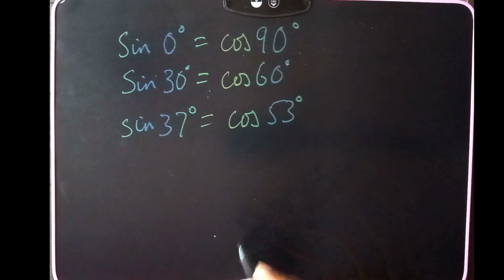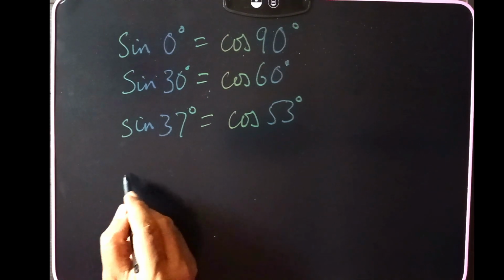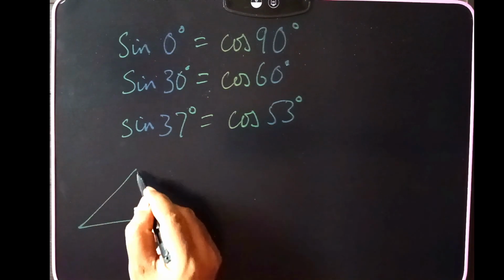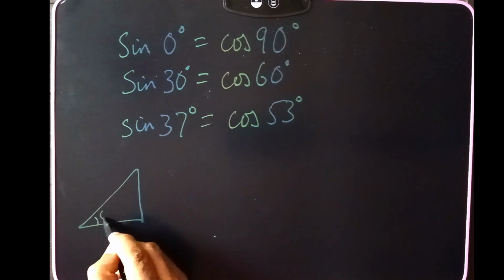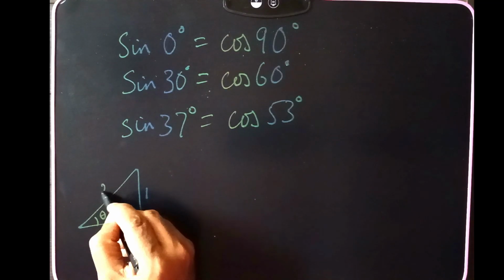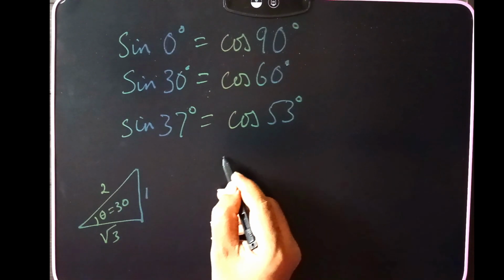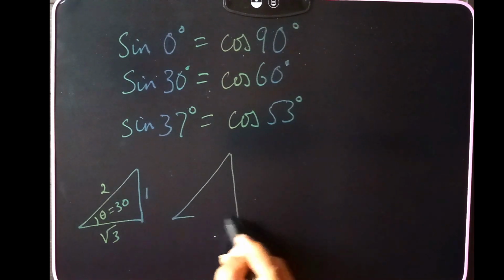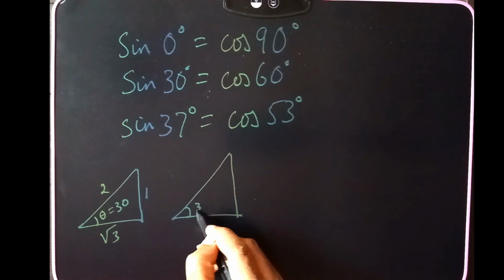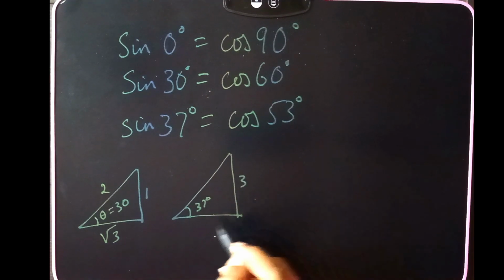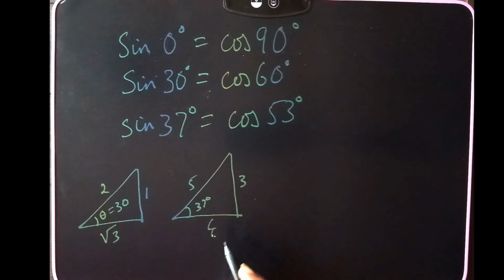53 degrees. If I have to draw the two triangles here again, I remember if this is theta, and it will be 1, 2, root 3 if this angle is 30 degrees. And there's another triangle. If this is 37 degrees, then this is 3, 4, 5. Right? This theta, right?